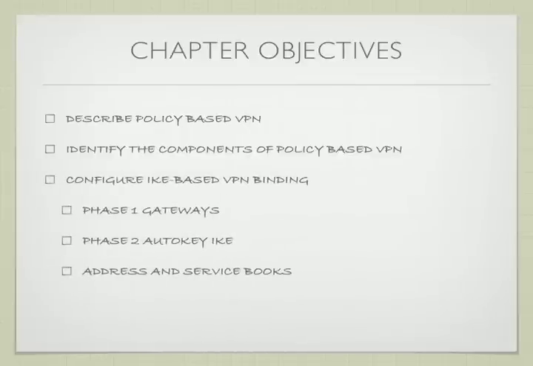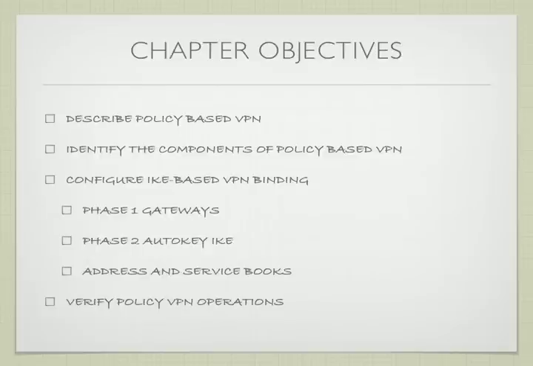You will be able to configure policy-based VPNs for phase 1, phase 2, and the custom objects necessary to create those policies themselves. And finally, you'll be able to verify that the operations of the VPN are successful and how to gather troubleshooting information if for some reason the VPN does not come up.